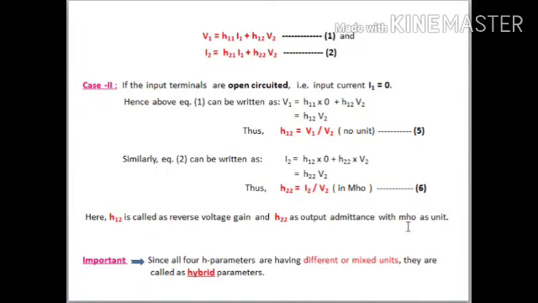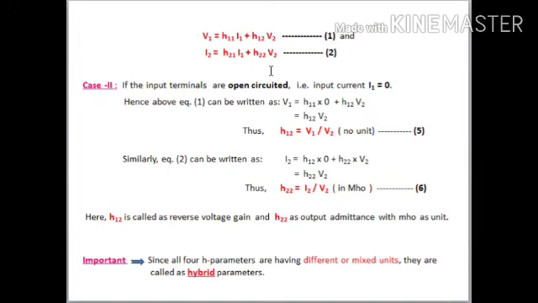And come to the final statement: why are these 4 parameters H11, H12, H21 and H22 called hybrid parameters? Because all these 4 parameters have different or mixed units.